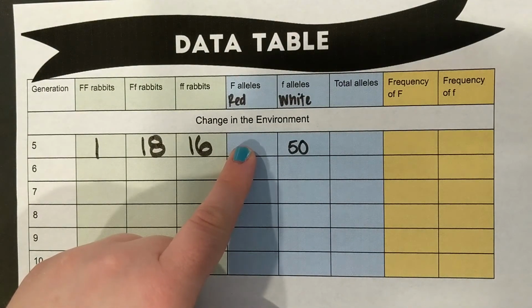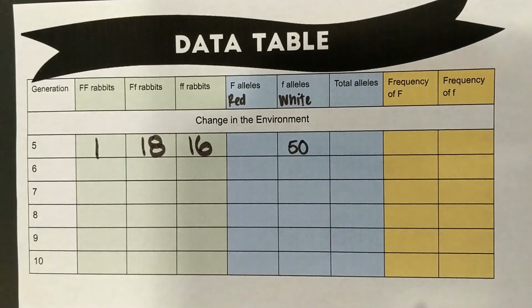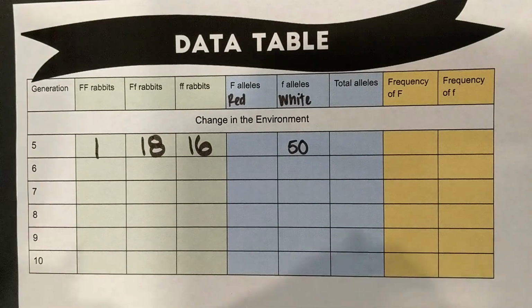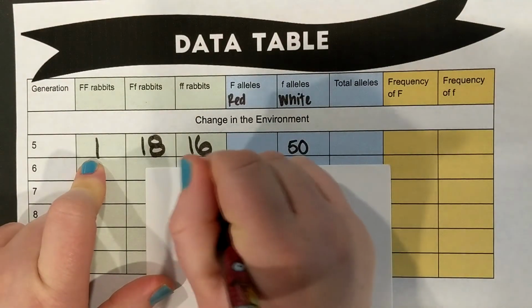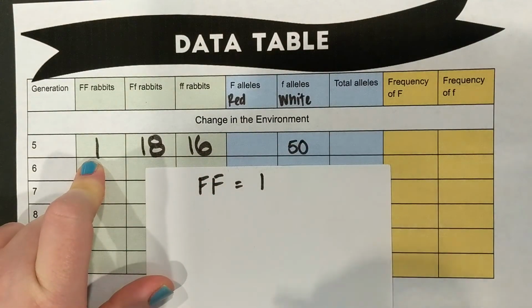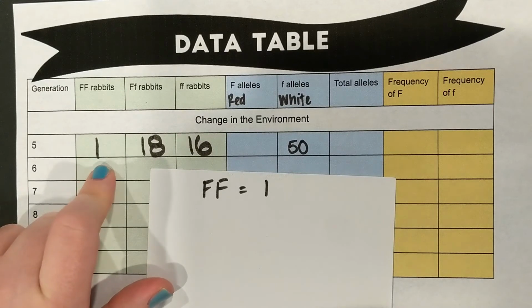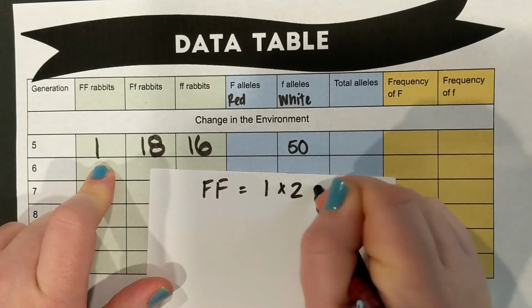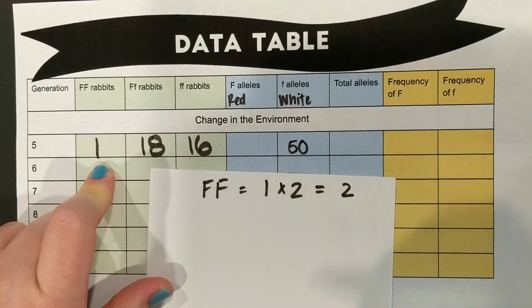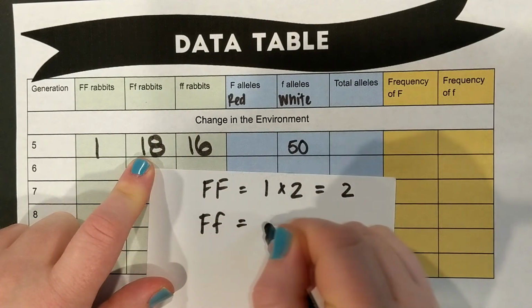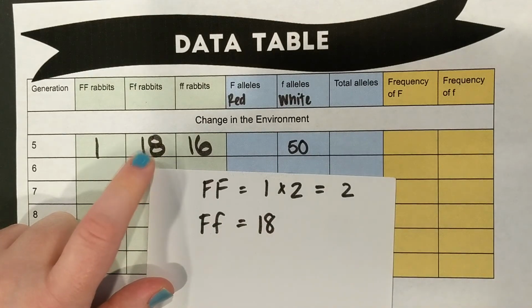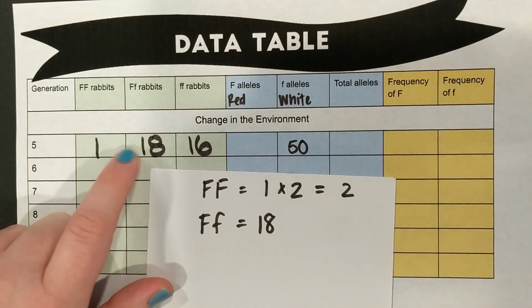So how do we figure out how many red there were? Well, you could go back to the video and count. That always works. Or you could do it using math. For every big F rabbit, there was one big F rabbit that had 2 red beans, so 2 total. For every big F, little f rabbit, there were 18 of them, and they each have 1 red because they have 1 red and 1 white.